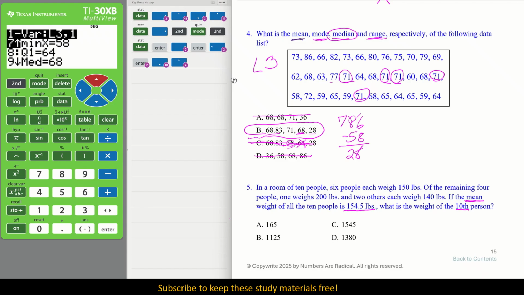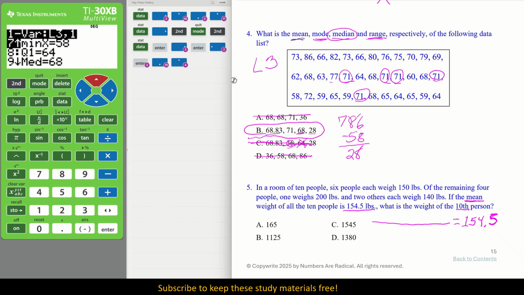Okay, so what does that really look like mathematically? Let's write that in. 158.5.